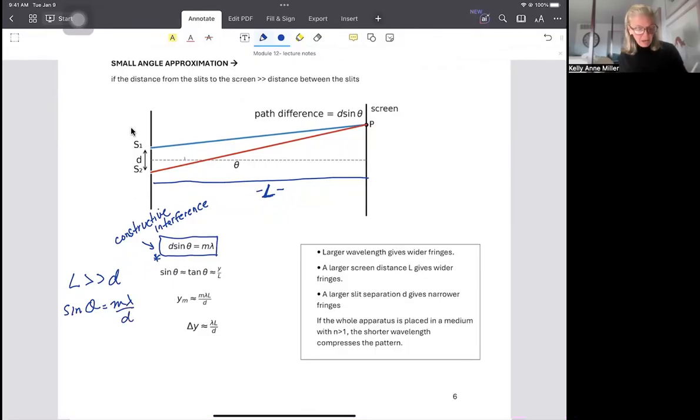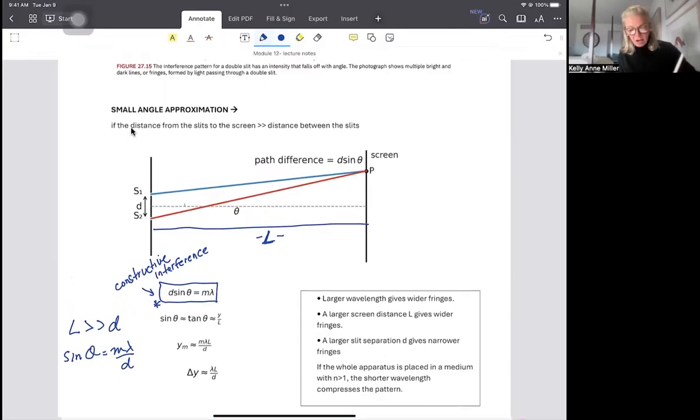If L is much, much larger than d, let's say I define this distance here, the distance to the first bright fringe, the first bright spot, as y.